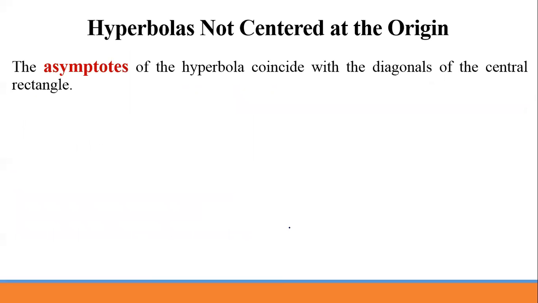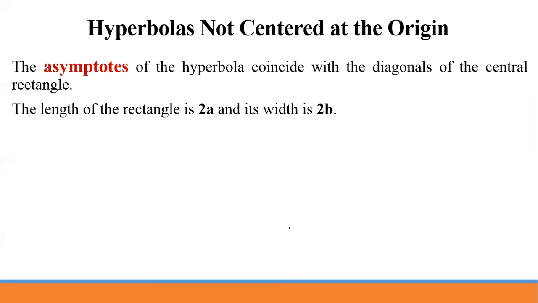The asymptotes of the hyperbola coincide with the diagonals of the rectangle. The length of the rectangle is 2a and its width is 2b.